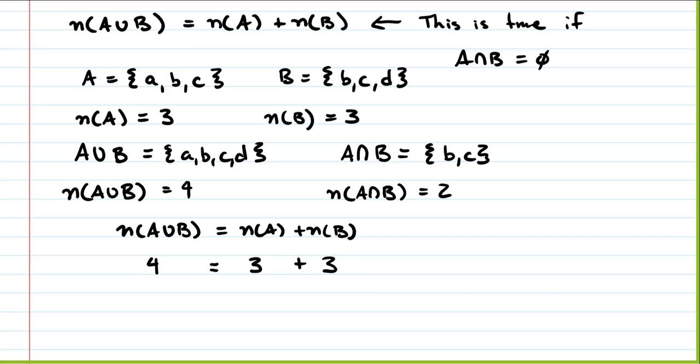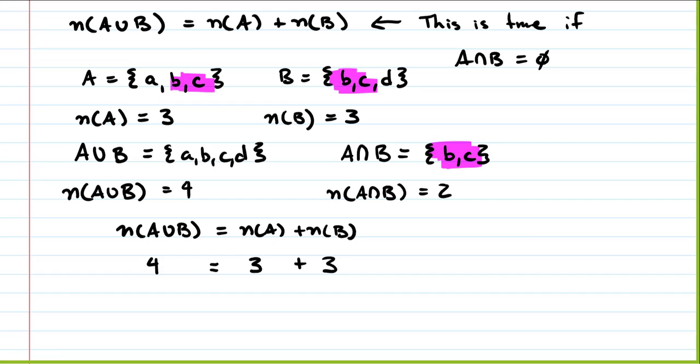A had a, b, and c, and B had b, c, and d, but the union has only a, b, c, and d. So what happened in this equation? Well, b and c were both in A and B. So if b and c are in both sets A and B, how many times were they counted here and here? They were counted twice.